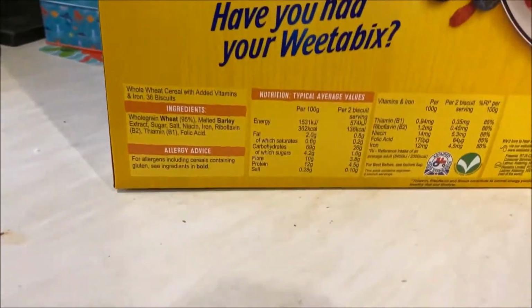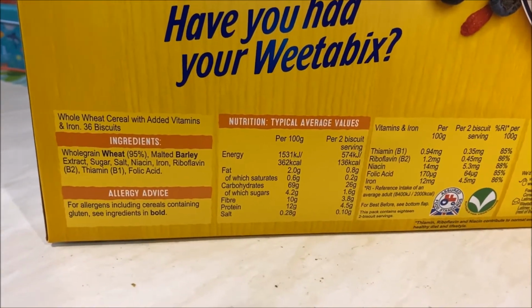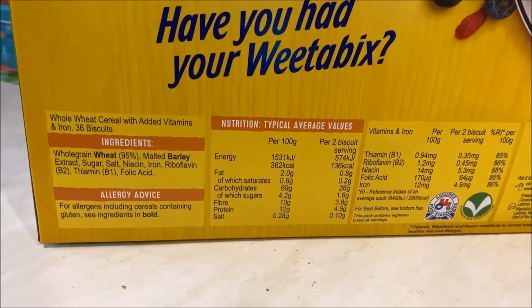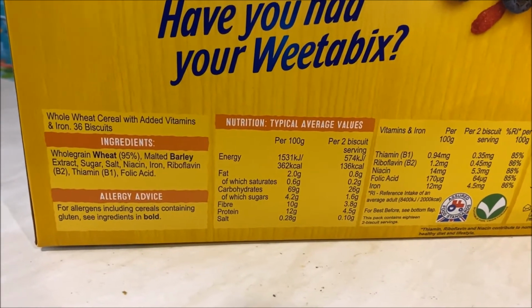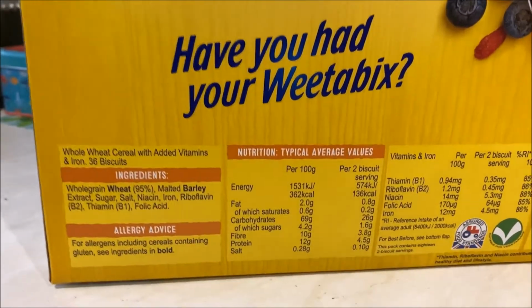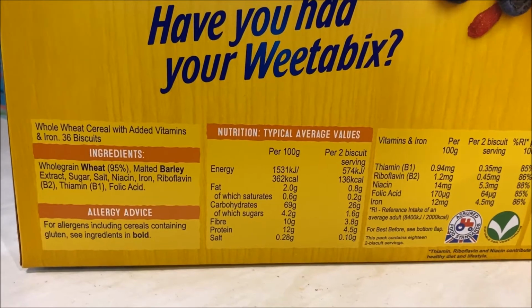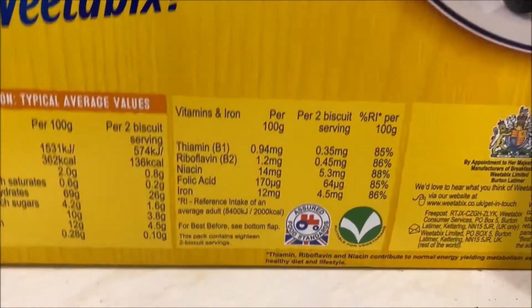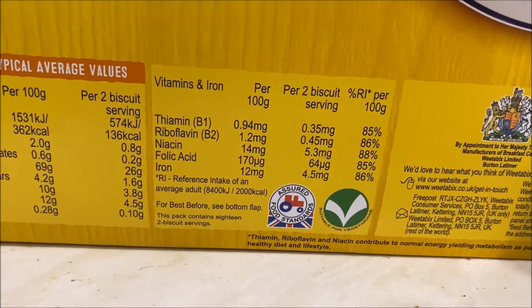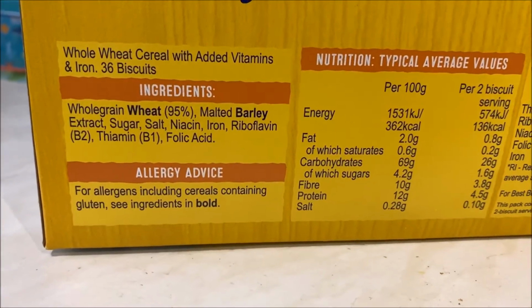If we have a look on the back, it's mainly wheat, 95% wheat, a little bit of barley, some sugar, some salt, and some added vitamins and minerals. So the wheat there would have been grown in the UK, as far as I'm aware, judging by the food standard awards and things that it has at the bottom. Barley as well would have come from the UK.